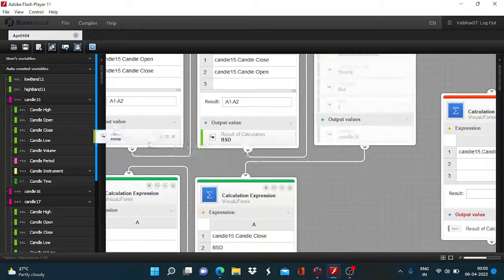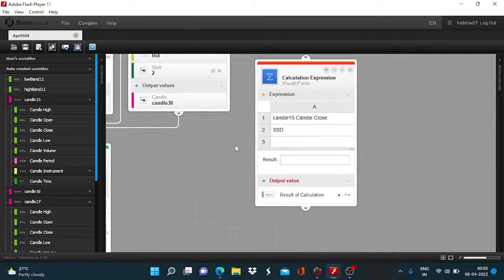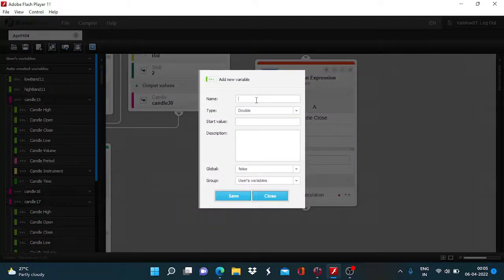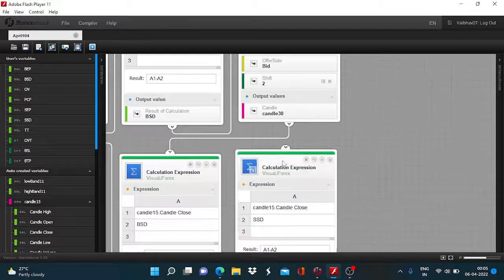Is the difference between the opening and the closing value of the candle 15. Here you can see, as per Excel convention, it will be A1 minus A2, and the resultant price will be the execution price. All right.